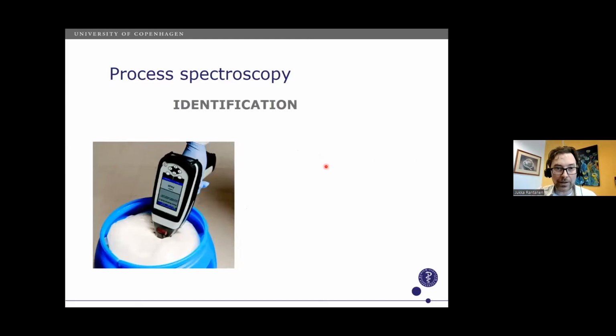This is an example that is quite often used for identification of material. We have these handheld instruments. In this packet, we have everything in the same instrument. This reasonable sized handheld instrument contains the light source, and there's some computer to analyze the spectral information.